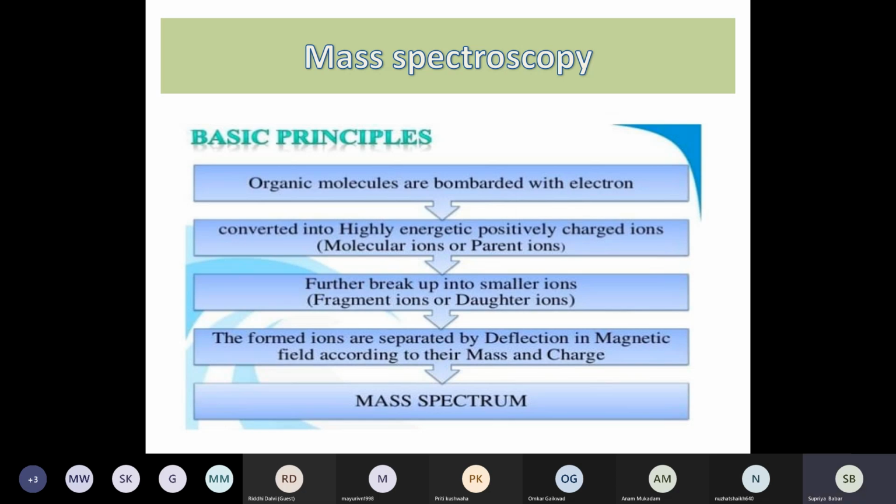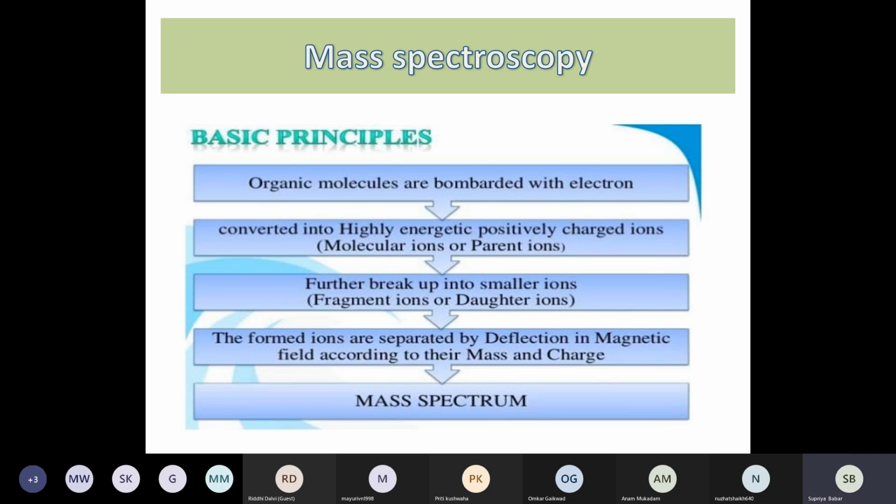The various ionic fragments are separated according to their mass to charge ratio by deflection in a variable magnetic field. Then they generate an ion current at the collector in proportion to their relative abundance.